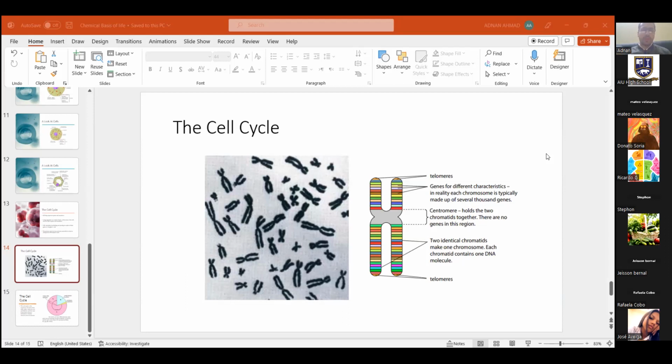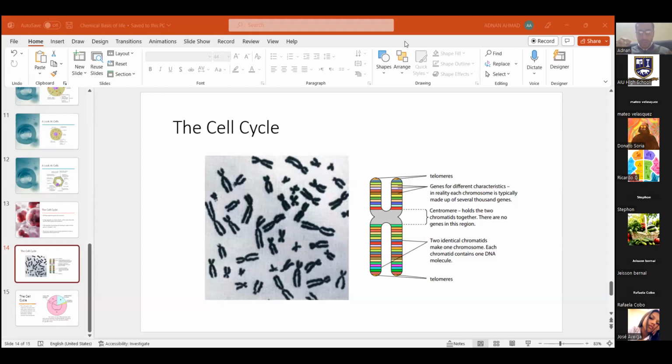Those genes are present on the chromosomes inside the DNA, and the DNA is inside the nucleus. So I connected these different concepts starting from the nucleus.